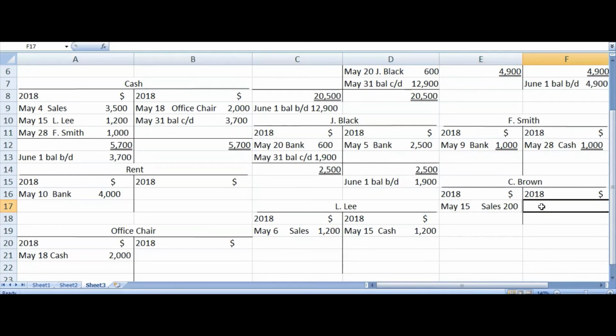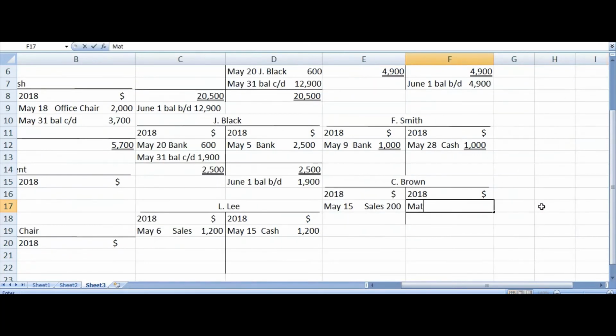So on the credit side, May 15, we're going to have a balance CD of 200 because once you take 0 from 200, you're going to be left with 200. So on the debit side of the account, now we are going to bring down the balance to the next period, which is June 1st. We're going to have a balance BD of 200.